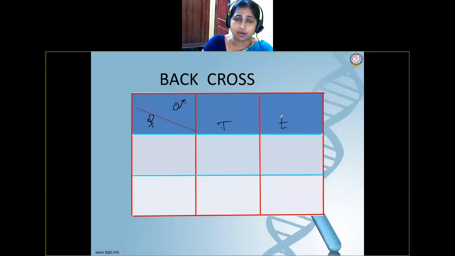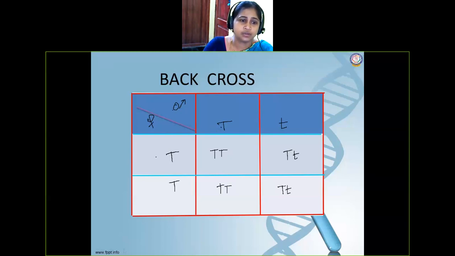I'm talking about back cross here. And then with what do I have to intercross? I have to intercross with the dominant character, capital T, capital T. Now intercross this: capital T, capital T, then capital T, small t, and here capital T, capital T, and then capital T, small t.